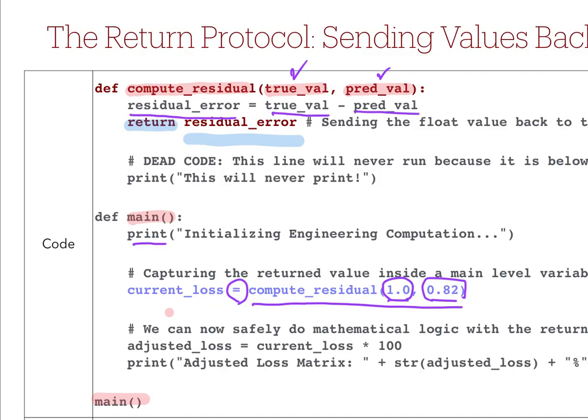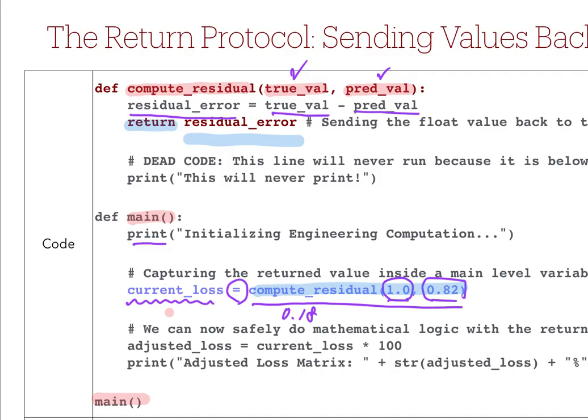So the value of residual error will be given to the caller. That means the difference, 0.18, will replace this expression. So that expression will be replaced by 0.18. That final result will be given to the variable appearing on the left. So current loss will receive the value 0.18. Okay?